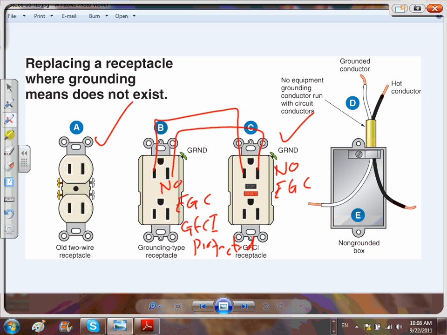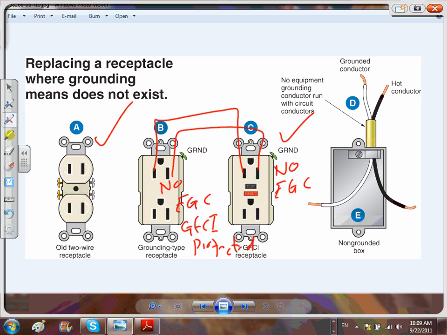See, either I put a GFCI by itself, or I put a GFCI and feed another one, but I have to pull only the hots, no ground between them because there's no ground. And I have to put no equipment grounding conductor and GFCI protected for this. This you have to put no equipment grounding conductor. Do I have to put GFCI protected? No, because it is a GFCI.